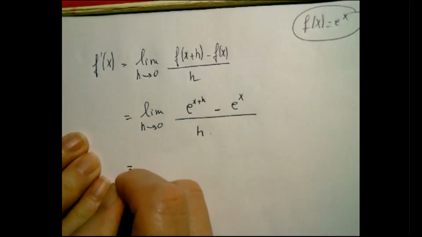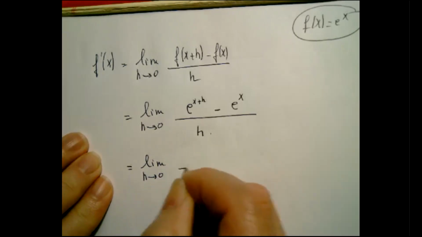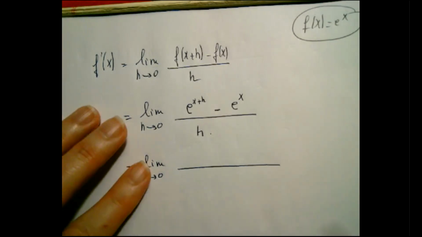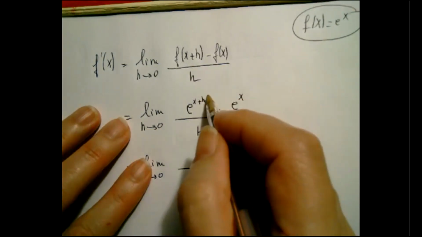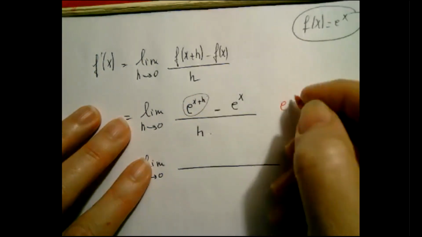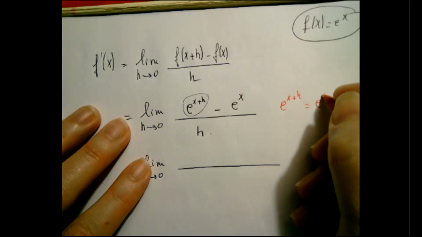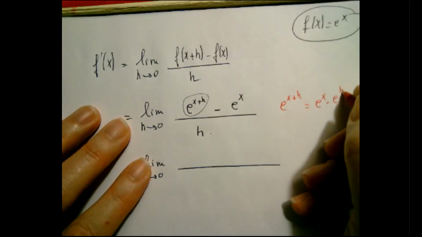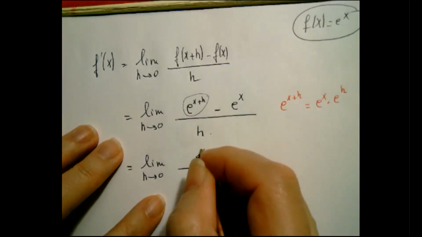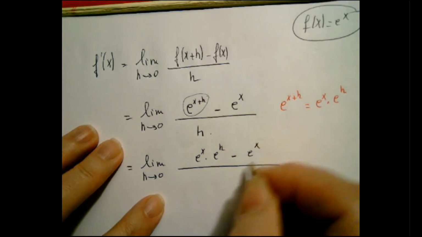This is equal to the limit as h goes to 0 of the following. Now I'm going to do a little bit of algebra to figure out the problem. E to the x plus h, by using the law of exponent, I can write it as e to the x times e to the h. So it's going to become e to the x times e to the h minus e to the x, over h.